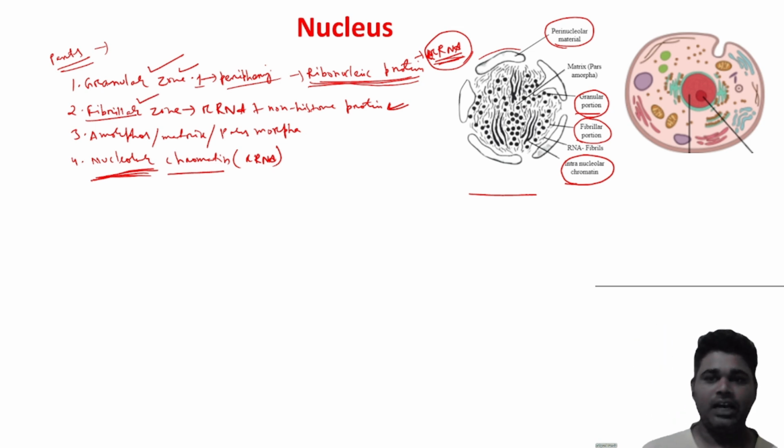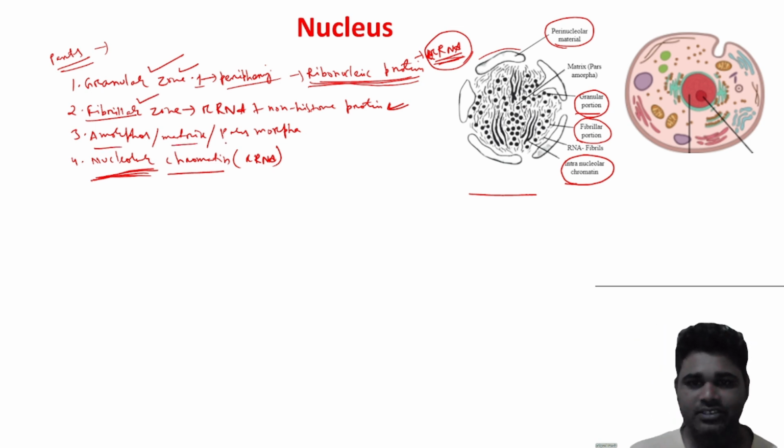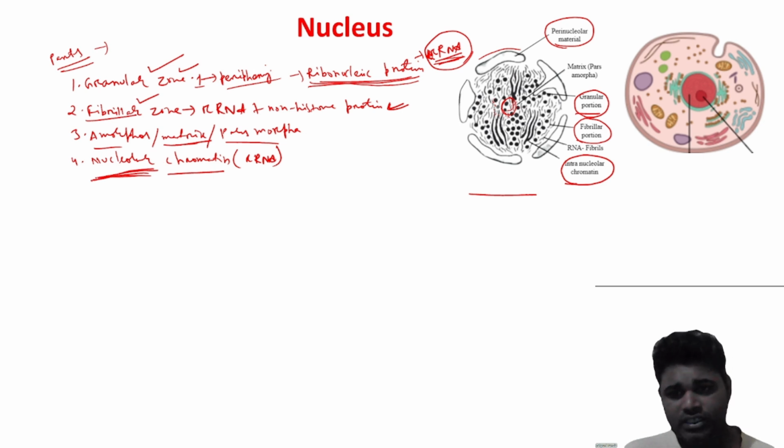Okay. The third one is the amorphous, or the matrix, or the pars amorpha. Look at the structure, like the cytoplasm. It is the middle part, or simply called the matrix, at the exact center, the amorphous matrix or pars amorpha. And the fourth one is the nucleolar chromatin.